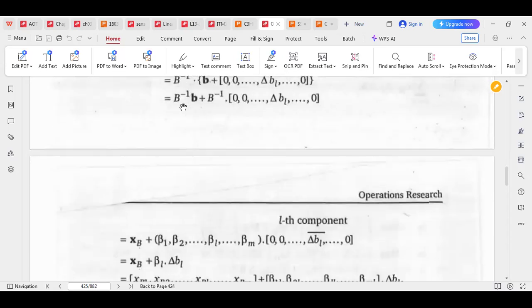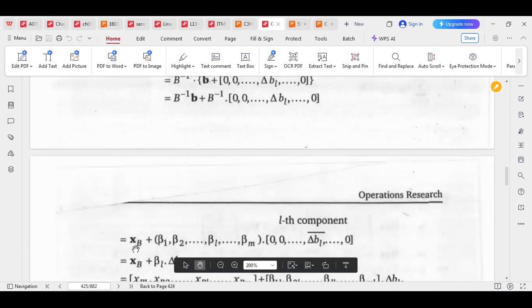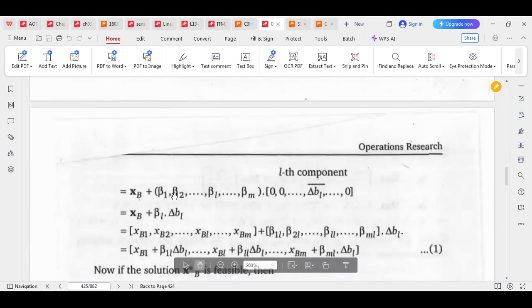Multiplying b inverse with b and b inverse with the other term, this is the given basic solution xb plus beta 1, beta 2, up to beta m, with del bl as the lth component.